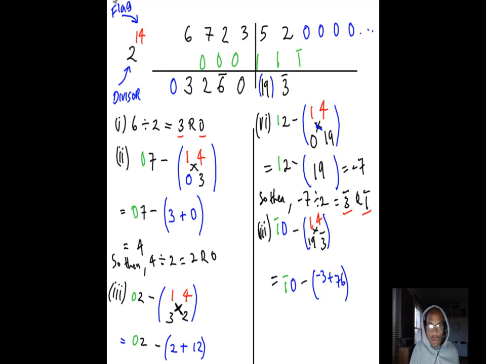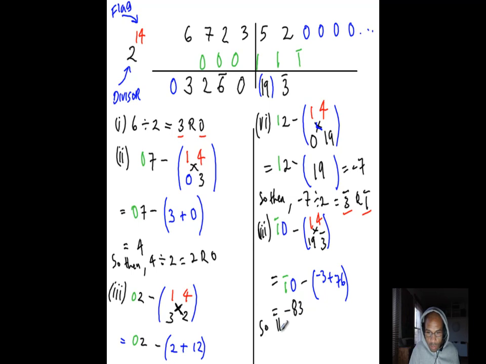And that's equal to, this thing here is 76 minus 3 is 73. So it's minus 10, minus 73 is minus 83. Okay, so it's minus 83. What color have we got there? Yeah. So it's minus 83.